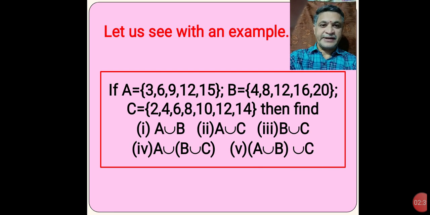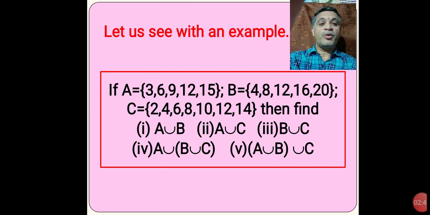Now we have to find A ∪ B, A ∪ C, B ∪ C, and A ∪ B ∪ C. And the fifth one is A ∪ B ∪ C.